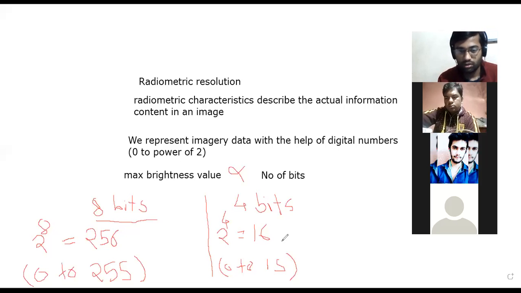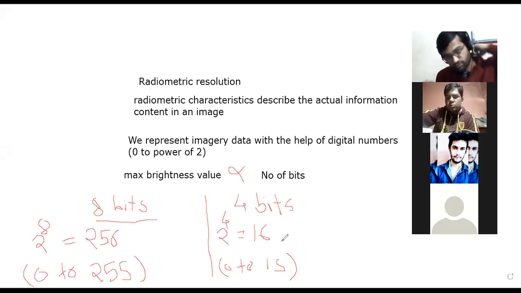If you compare the 8-bit image with the 4-bit image, the 8-bit image is more beautiful and gives you more information. Clear?